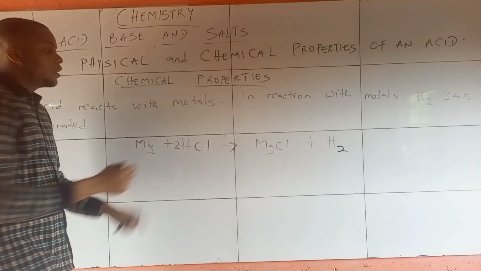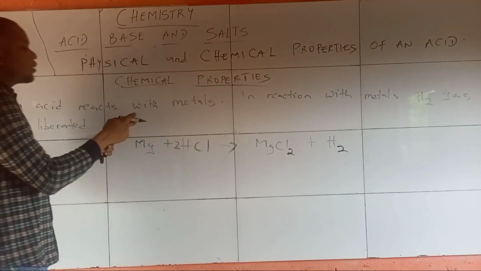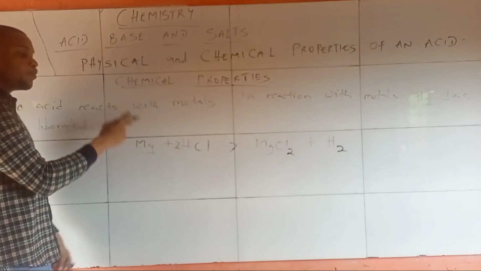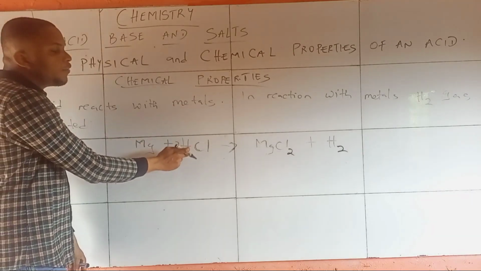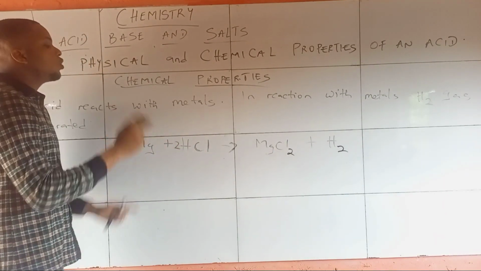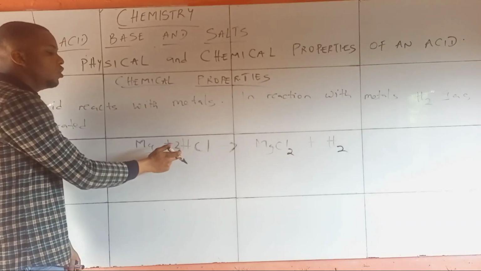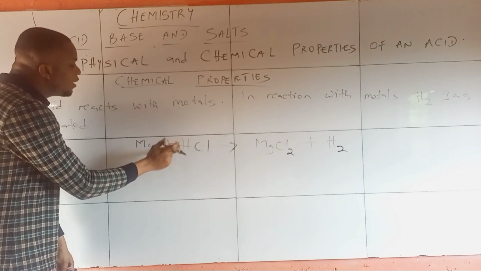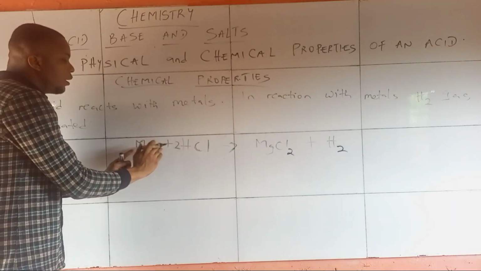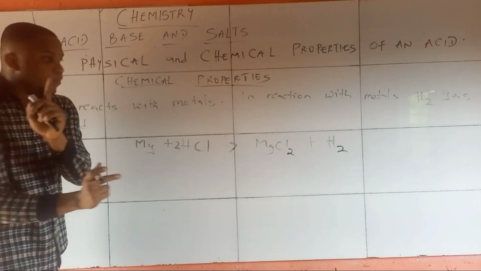It's still not balanced. Oxidation state of hydrogen is 1. Oxidation state of chlorine is minus 1. So to make the equation balanced, I have to introduce what? 2 here. And so by doing this, you need 2 atoms of hydrogen and 2 atoms of chlorine to react with 1 atom of magnesium.